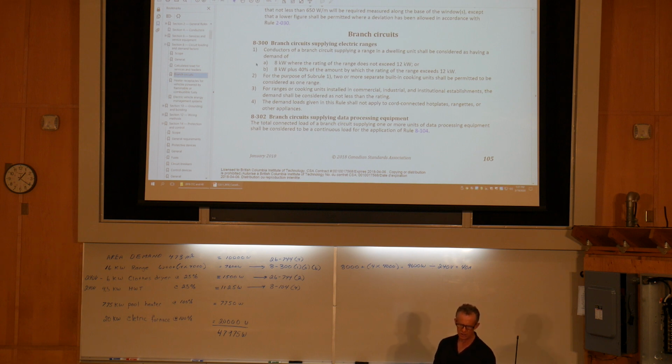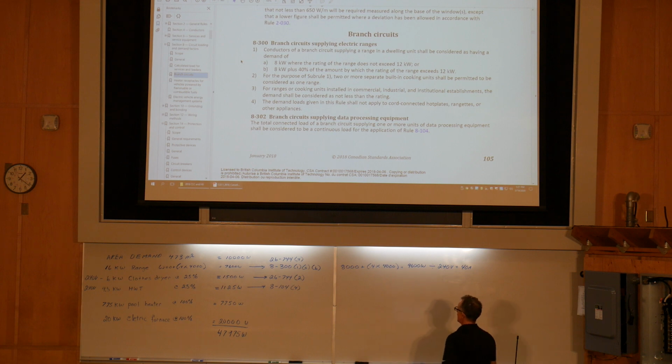Conductors of a branch circuit supplying a range in a dwelling unit shall be considered as having a demand of 8 kilowatts where the rating of the range does not exceed 12 kilowatts, or B, 8 kilowatts plus 40% of the amount by which the rating of the range exceeds 12 kilowatts.